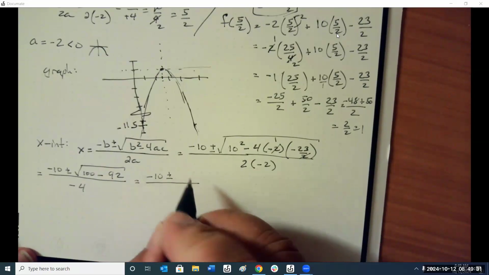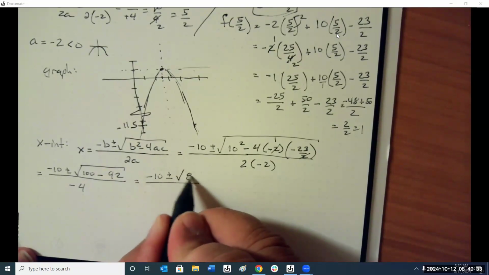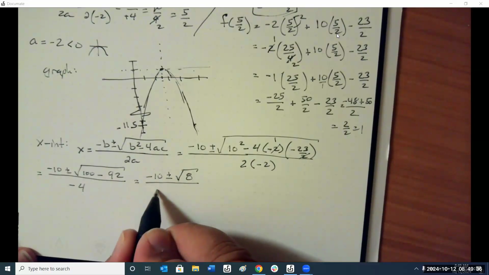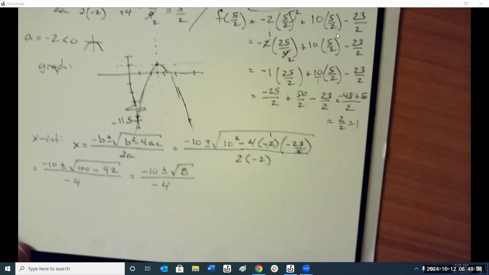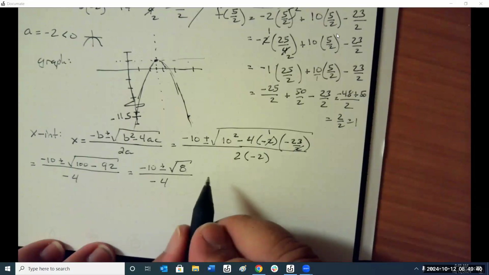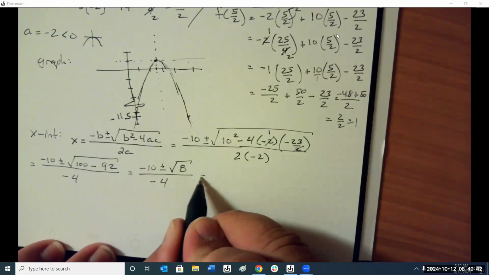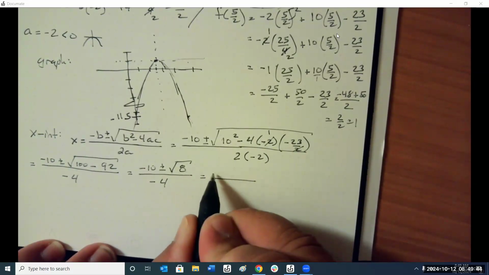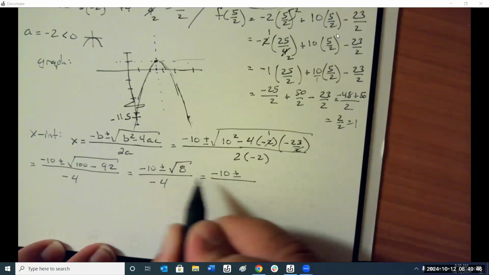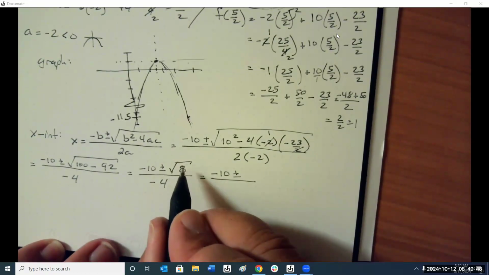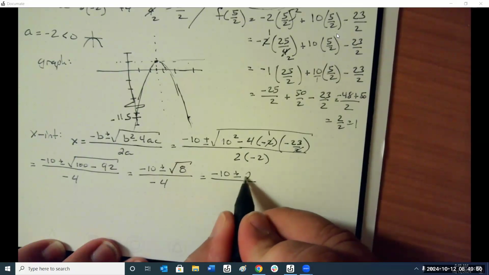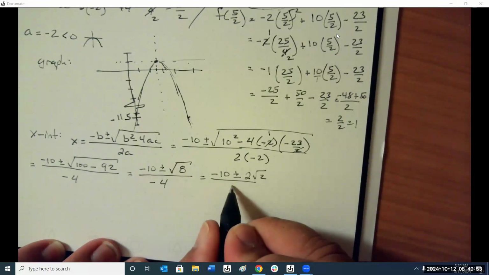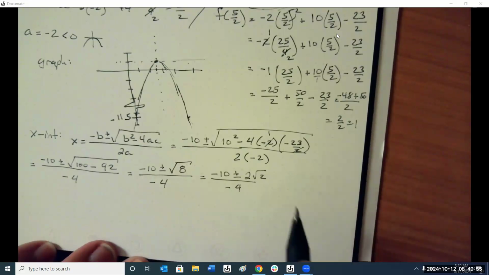Negative 10 plus or minus the square root of 100 minus 92, which is 8, over negative 4. Negative 10 plus or minus square root of 8. 8 is made up of 2 times 2 times 2. So we get 2 radical 2 over negative 4.